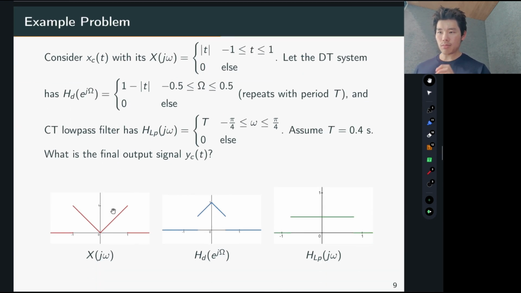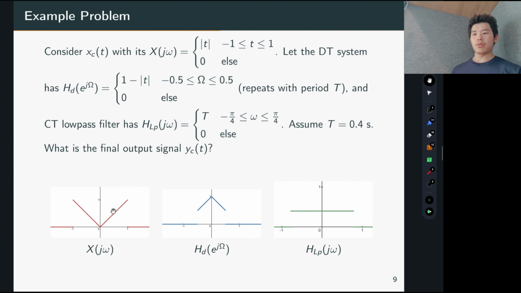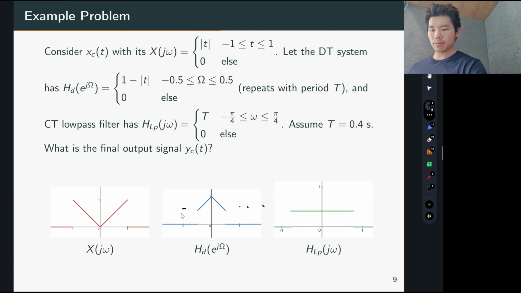Okay, so we're going to go through this pretty quickly. The example problem: consider a continuous time signal with Fourier transform X(jω) as an inverted triangle from -1 to 1, and let the DT system have the frequency response shown here in the graph, and it repeats every period, so this goes on forever.